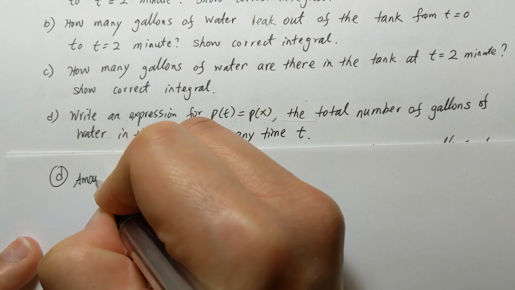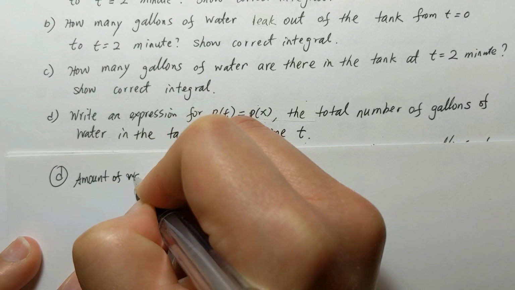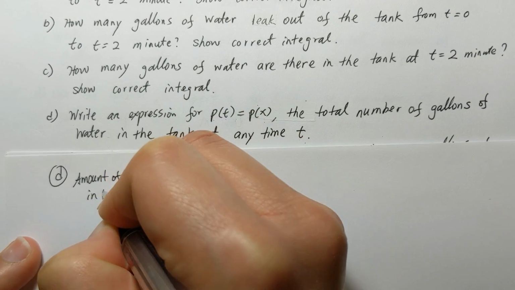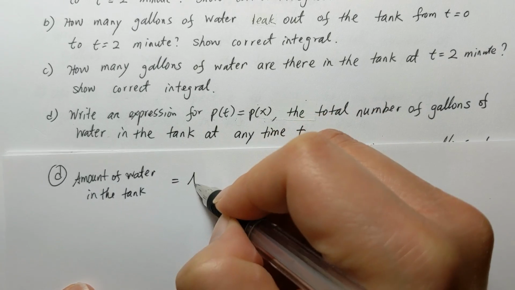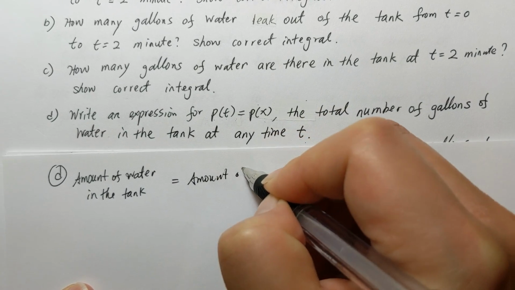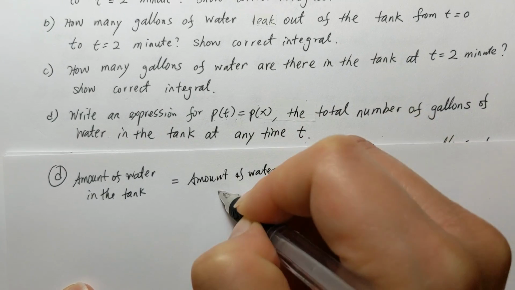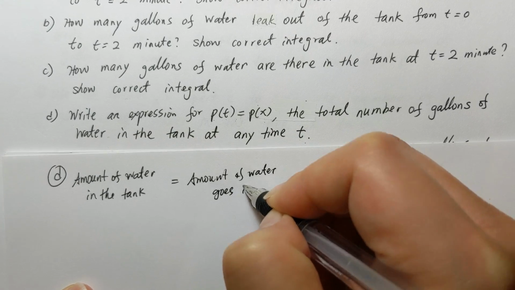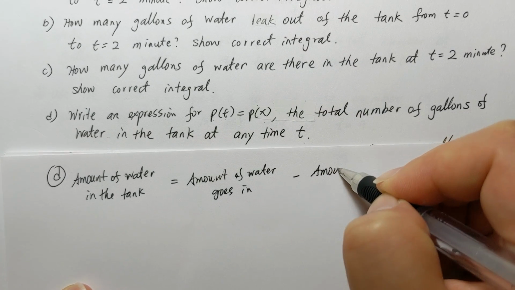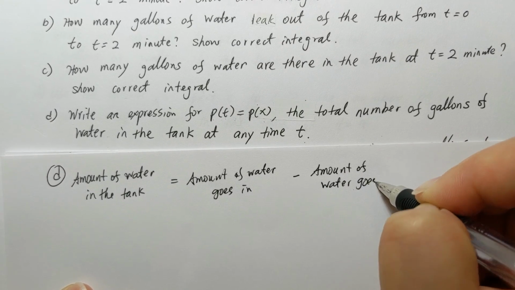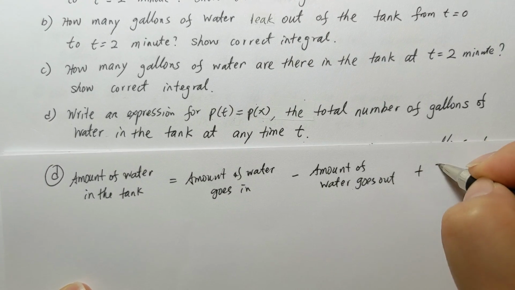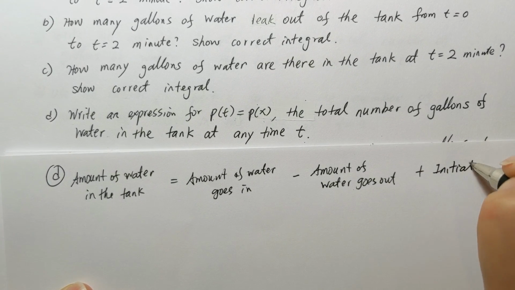We say the amount of water in the tank at any time is equal to the amount of water that goes in, minus the amount of water that goes out, plus the initial amount.